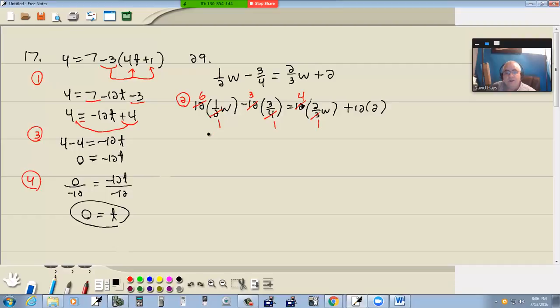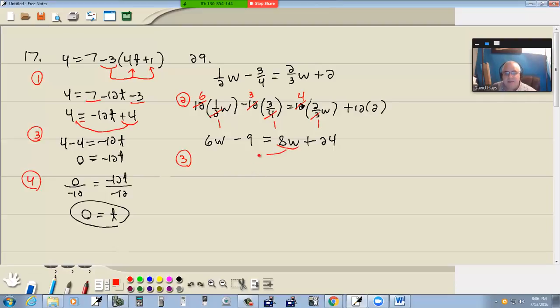Now 6 times 1 gives us 6W minus 3 times 3 is 9 equals 4 times 2 is 8W plus 12 times 2 is 24. Step 3. Get everything with a W on one side, numbers on the other side.